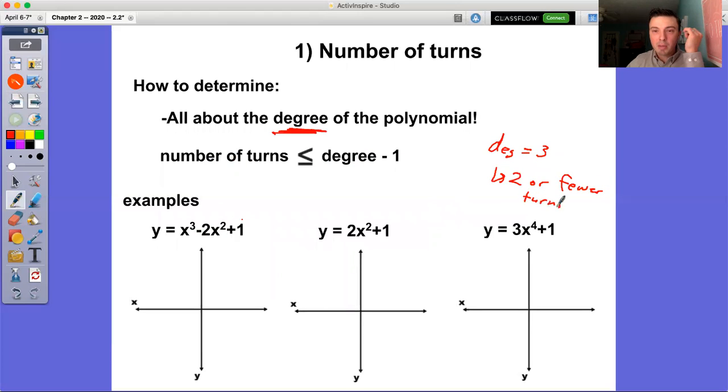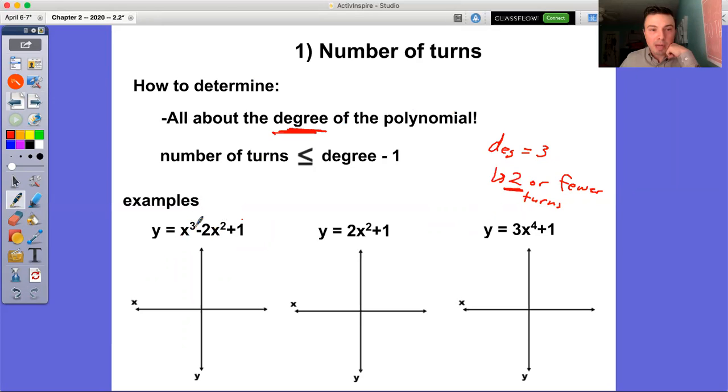Because remember, we're not looking for an exact sketch. We're looking for a rough sketch. So we can be fine with 2 or fewer. And generally speaking, if the degree is 3, we're going to draw it with 2 turns. All right. Can somebody tell me what the degree of this first example here is? 3.